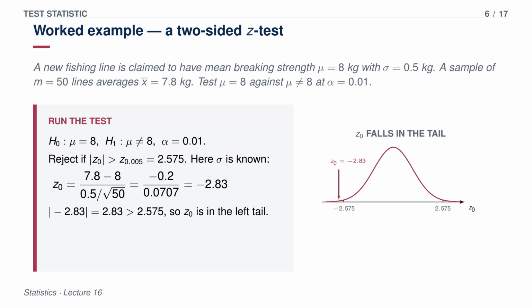Sigma's known, so z-naught is 7.8 minus 8 over 0.5 over root 50, which is minus 0.2 over 0.0707, which is minus 2.83. And 2.83 clears 2.575. It's out in the left tail. So we reject H-naught. The true mean breaking strength is below 8 kilograms. The line is weaker than claimed.